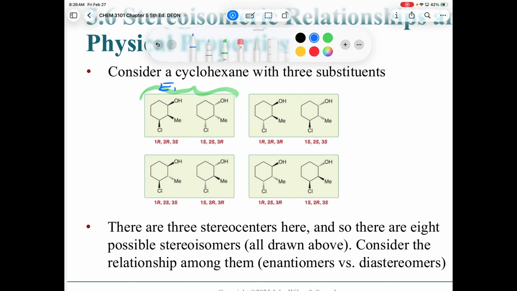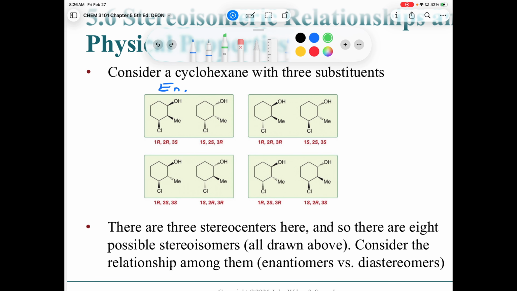I'll just put En for enantiomers. Let's try it again. If I look at these 2 compounds in this green box, what's the relationship? They're enantiomers, right? Every dash is changed to a wedge, every wedge is changed to a dash. So again, this is a pair of enantiomers.